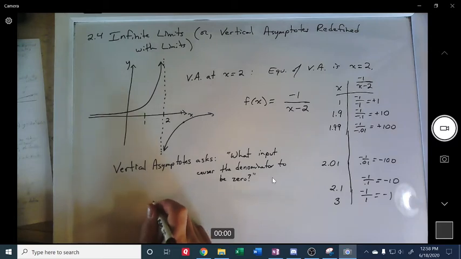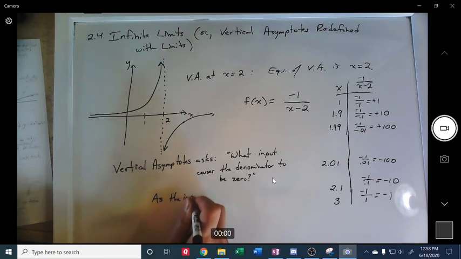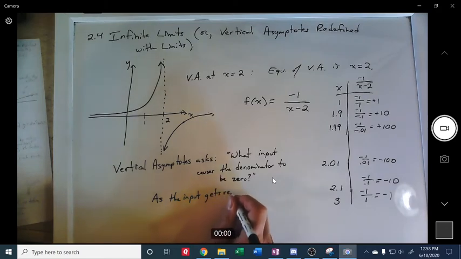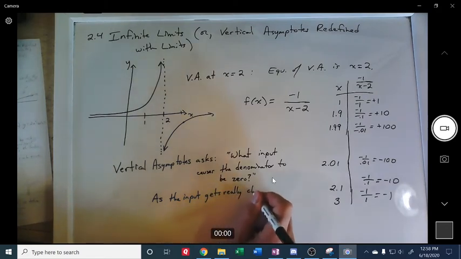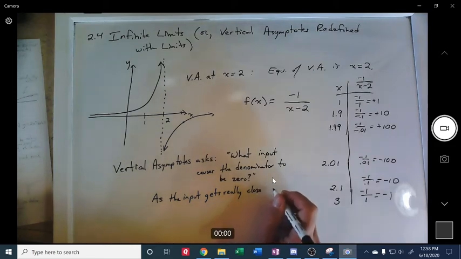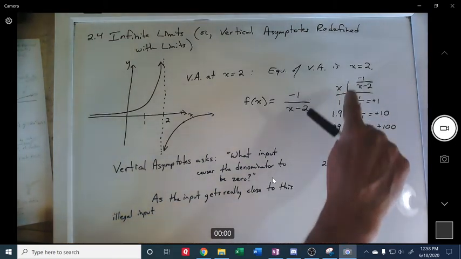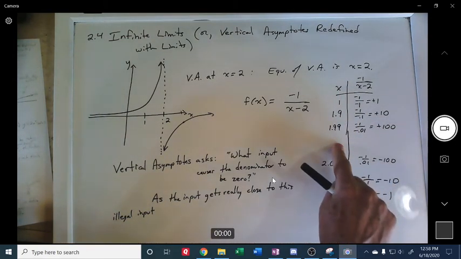All right. Let me just write something more about this that I had in my notes. As the input gets really close to this illegal input. See, we couldn't put 2 in here. 2 is illegal. We'd get dividing by 0.